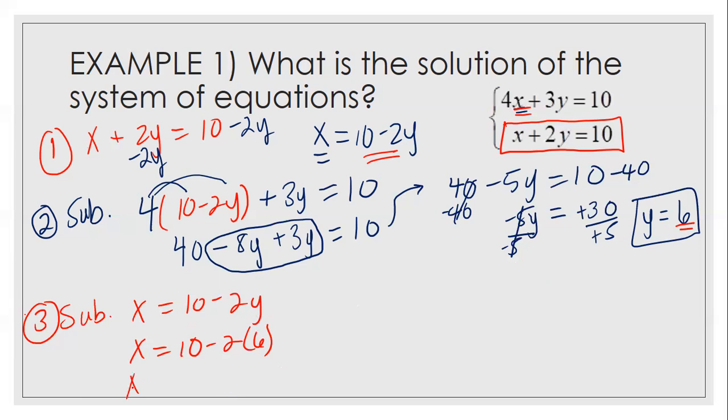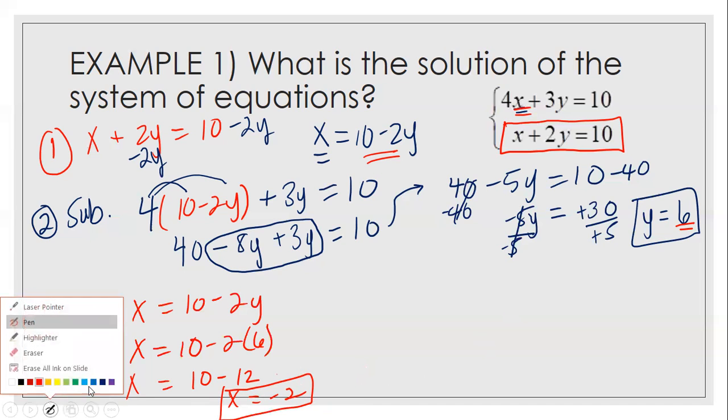What is 2 times 6? 12. What is 10 minus 12? Negative 2. So we have x equals negative 2 and y equals 6.